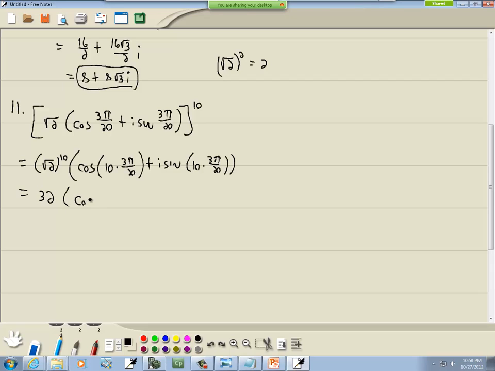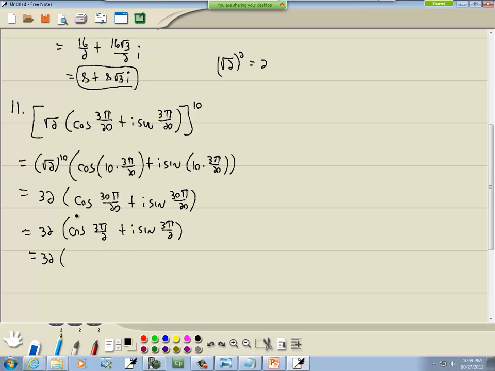And then for the cosine, multiplying these together, we get 30 pi over 20 plus i sine 30 pi over 20, which simplifies. They're both divisible by 10, so that gives us 3 pi over 2 plus i sine of 3 pi over 2.